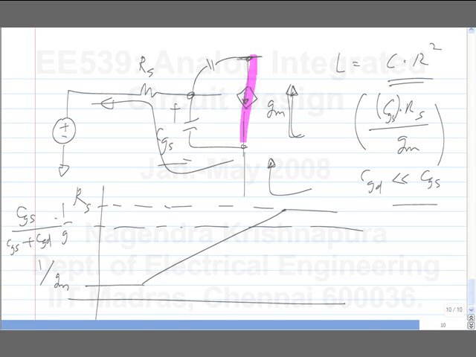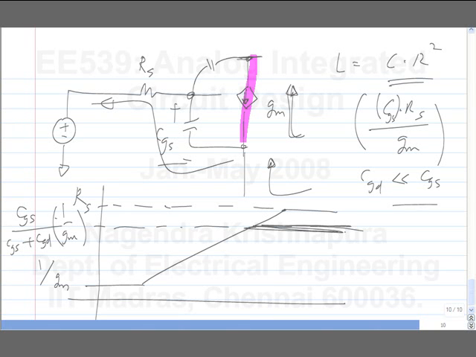It could be larger also, I don't know. Obviously, if Cgd is very small, is this correct? So what happens is, if this quantity happens to be smaller than Rs, the range over which you get the inductive component is reduced, right?